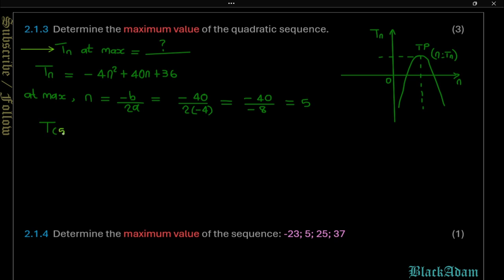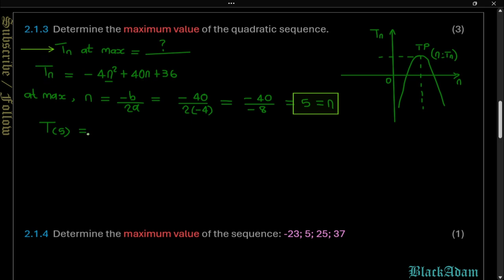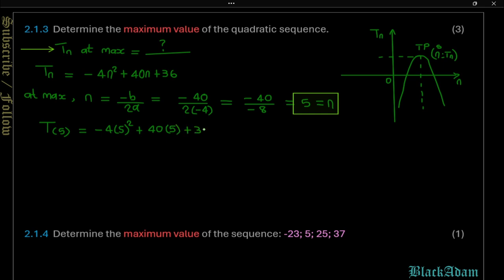So we need to know when n is 5, what is our y. So we substitute 5 there, so that means that we have 5 as the x coordinate. So when it's 5, what is our y? Okay, so our y is going to be, we substitute our value of 5, so it's negative 4 multiplied by 5 squared plus 40 multiplied by 5 there, and then plus 36.